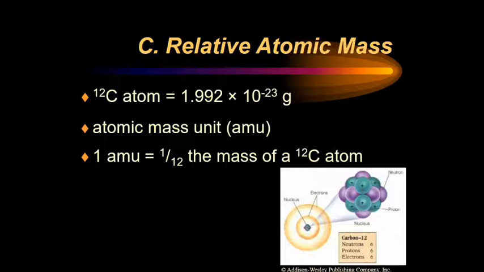Very, very, very tiny. 1 AMU is equal to 1/12 the mass of a carbon-12 atom. So if you did just a little bit of math real quick, 1/12 of 12 is equal to 1. So that's how they get the 1 AMU, is 1/12 the mass of a carbon-12 atom.